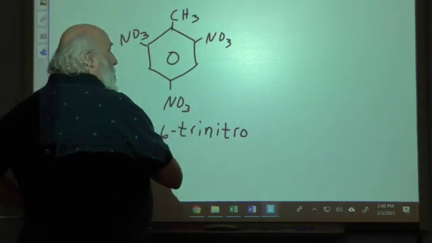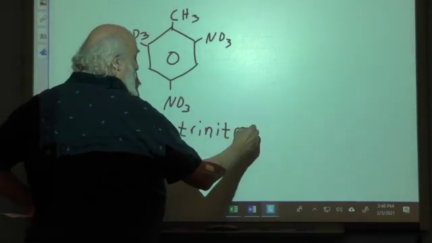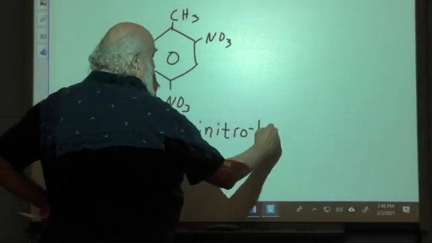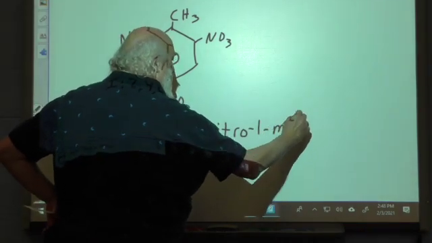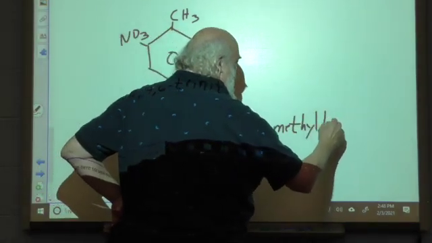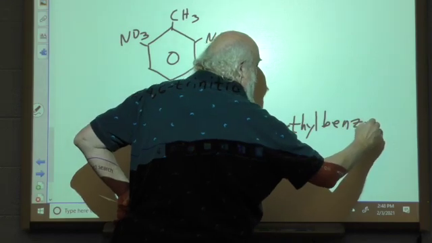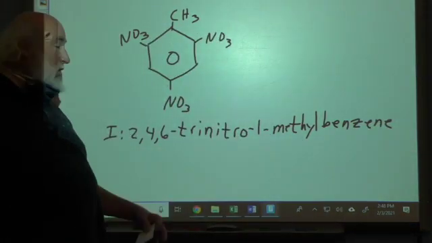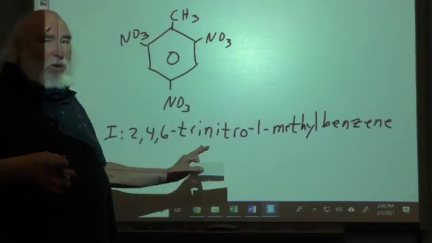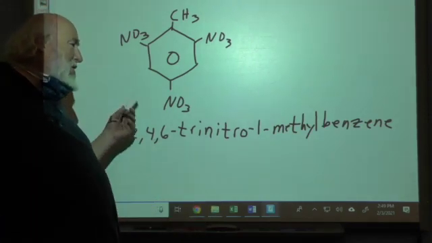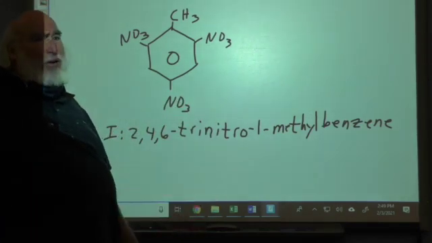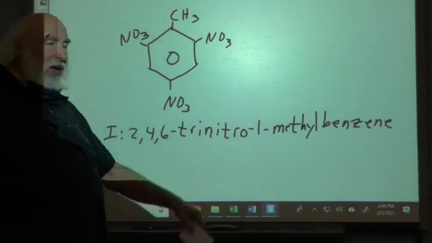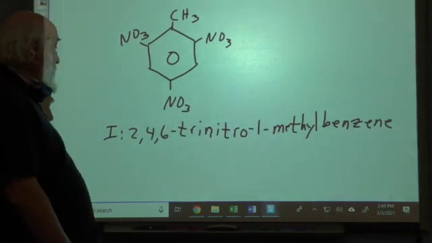You don't have to put the 1 on there, but we're going to do it just to be fairly consistent. 2,4,6-trinitro-1-methylbenzene. Yeah, it's a mouthful, but look, it tells you exactly what the thing looks like. This is beautiful. This is what IUPAC is so wonderful about. You read the name of the compound, and if you know what the little bits mean, it's really easy to figure out what it looks like.